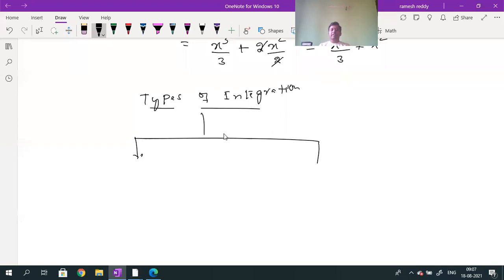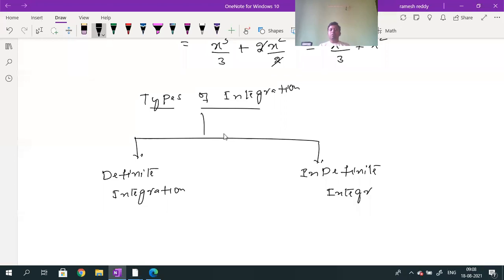So definite integration, and one more is the indefinite integration.